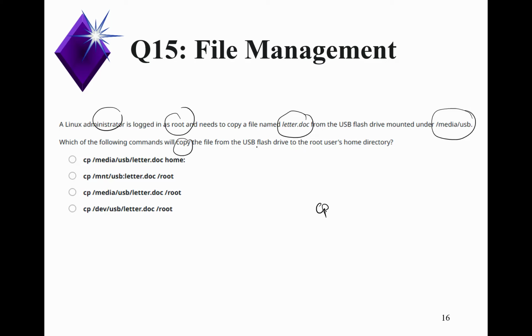Copy from the USB media flash drive to the root drive. The destination is root. The file is media, USB, letter.doc. Isn't it this one? Media. Okay. Yeah. It is.